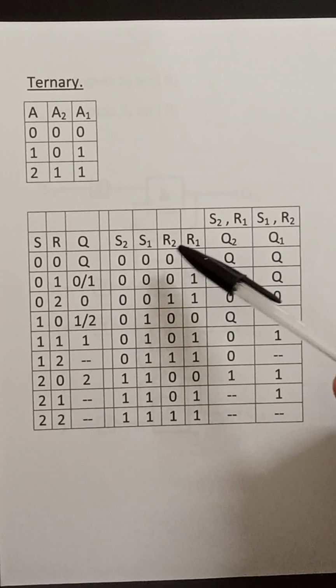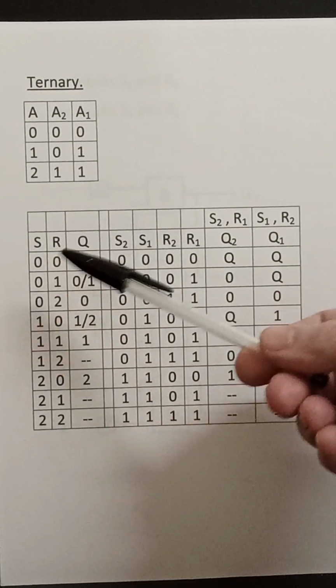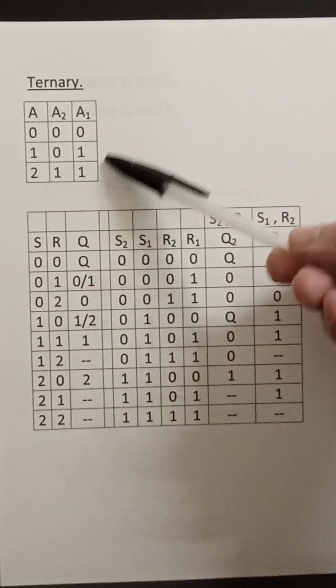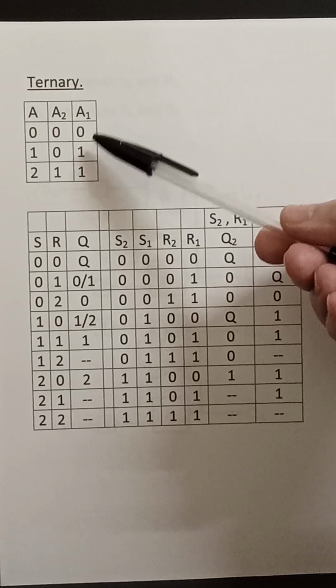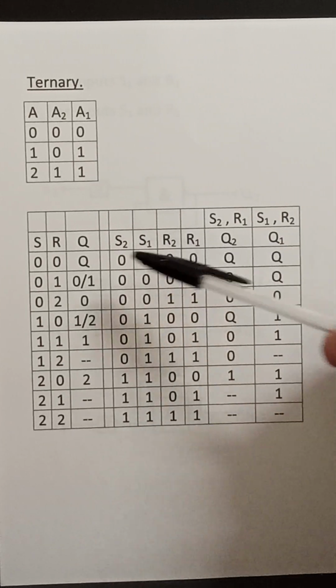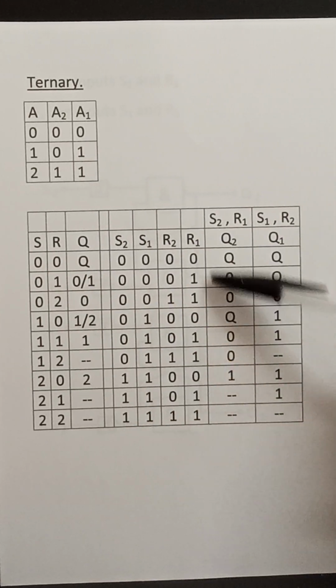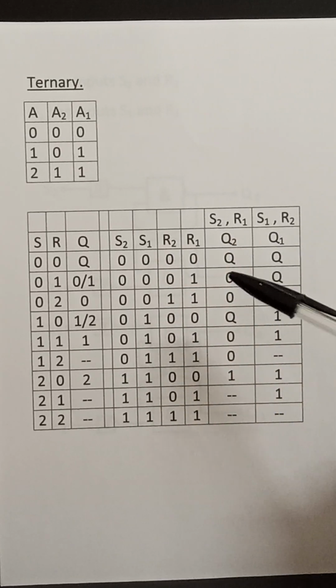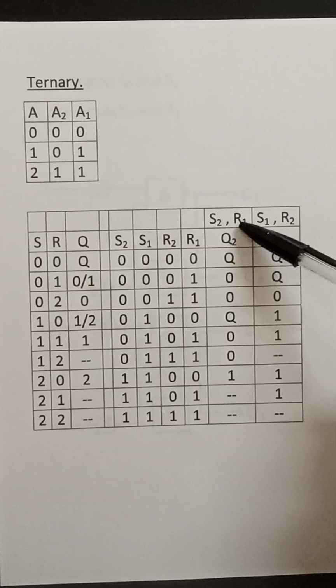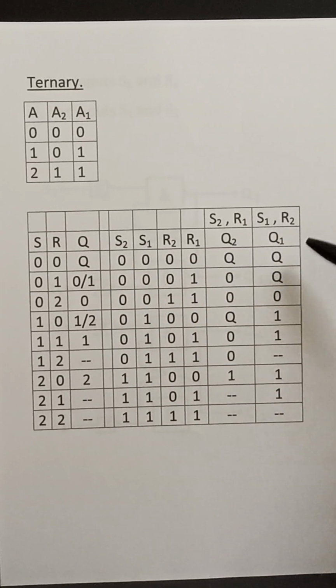And this is S_1 and S_2 for S according to this truth table here. This is R_1 and R_2 for R according to this truth table here, and Q_2 has inputs S_2 and R_1, which is there, and Q_1 has inputs S_1 and R_2.